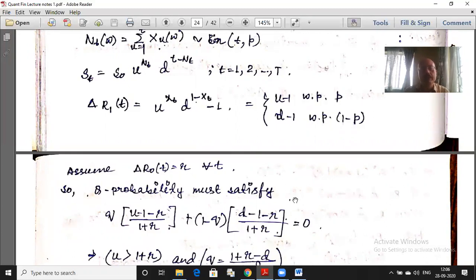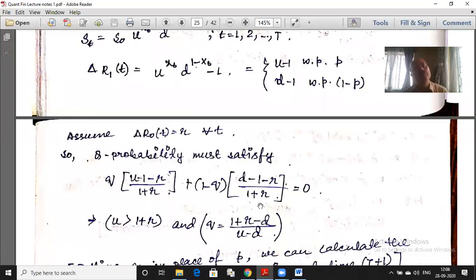In this binomial or Bernoulli setting, the calculation is very easy. What can happen? My up step is u minus 1. So I look at the risk premium, u minus 1 minus r, discounted by 1 plus r for one time period. This happens with probability q. That's the up step. On the other hand, the down step is just d minus 1, and the rest is the same.